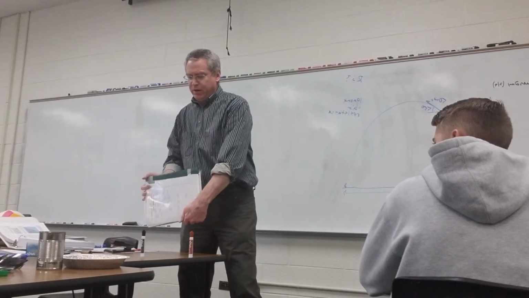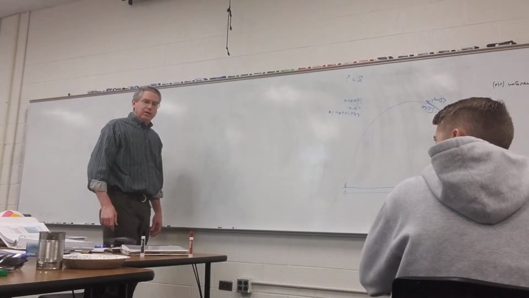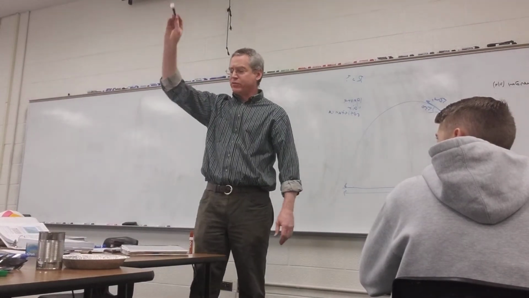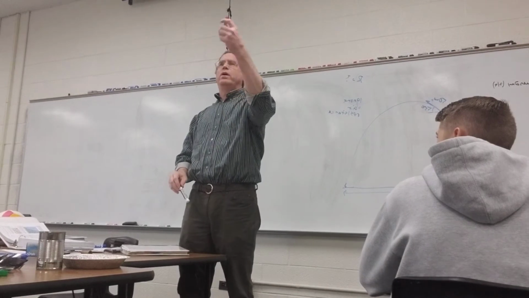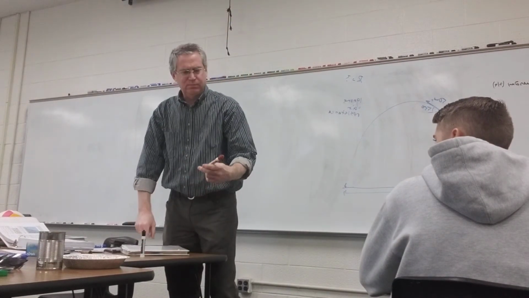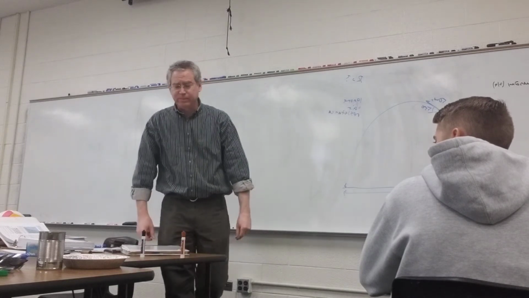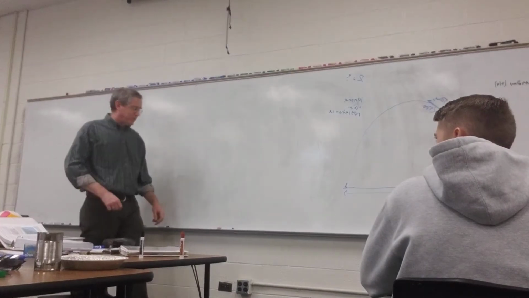I'm going to use the notebook here. I'm going to flick them off the table so they both go off the table about the same time. The black marker here is going to be traveling faster than the other one, brownish. We'll call it brown. So the black marker will be traveling faster.